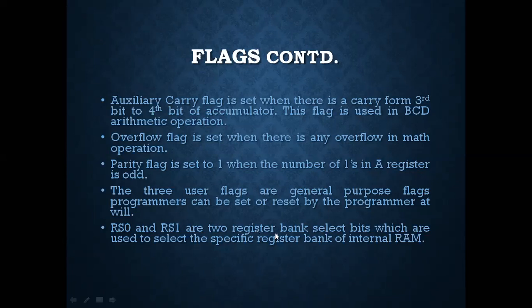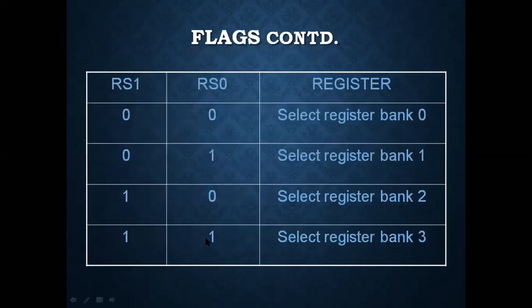So what is a register bank? There is a space in the internal RAM where 4 register banks are there. Each bank stores 8 registers, namely R0, R1, R2, R3, R4, R5, R6 and R7. We will clear your views.